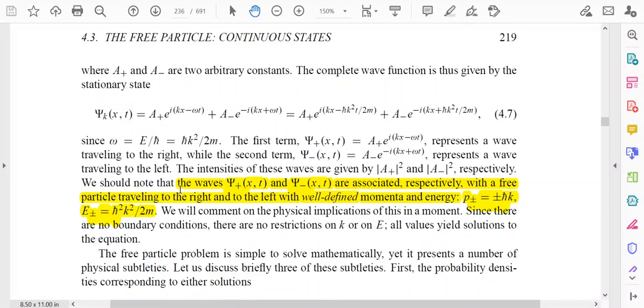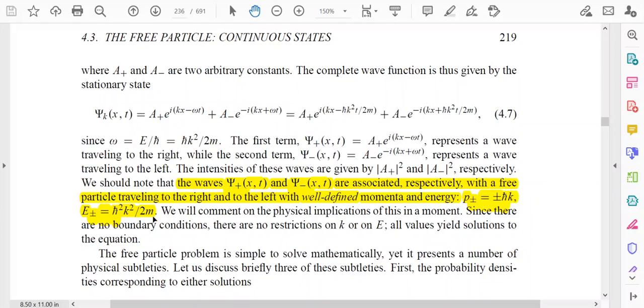We should note that the waves psi plus and psi minus are associated respectively with a free particle traveling to the right and to the left with well-defined momenta and energy. The momenta P plus minus is equal to plus minus h cut k, and E plus minus is equal to h cut square k square by 2m.